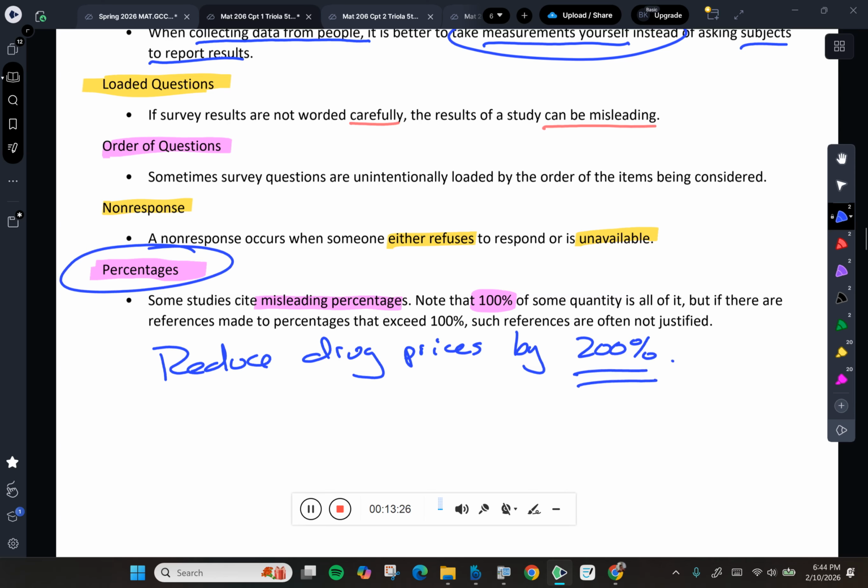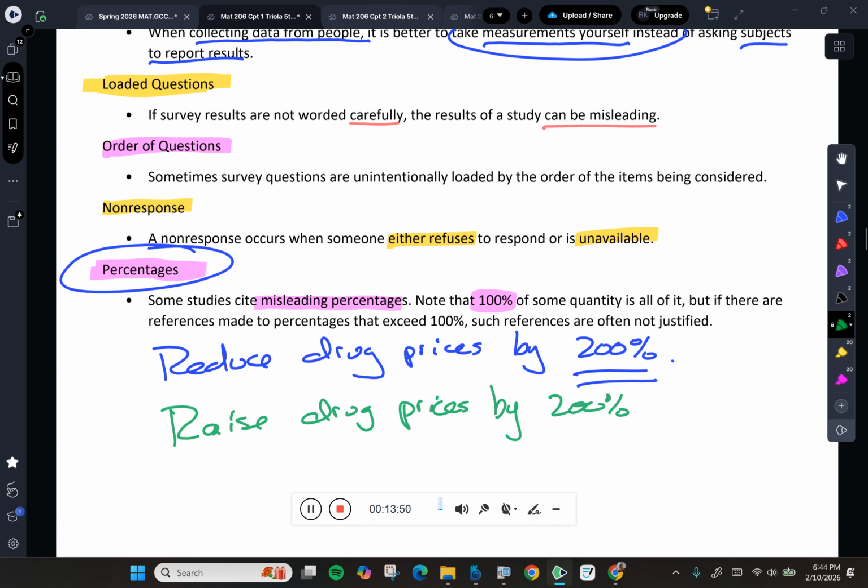And so they are citing some sort of data that is very misleading because that reduction can't exceed 100%. Now, could you raise drug prices by 200%? Sure, you could.